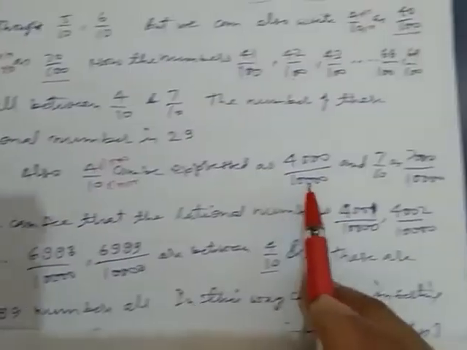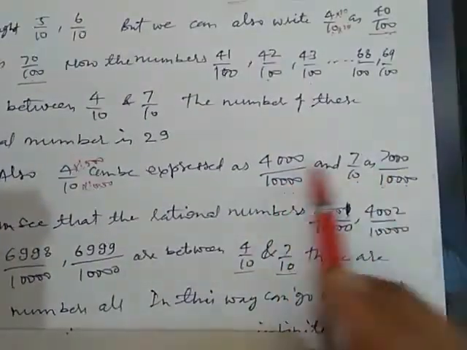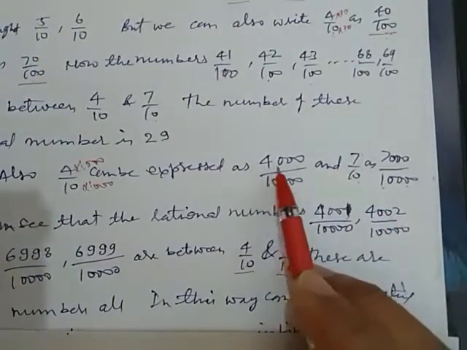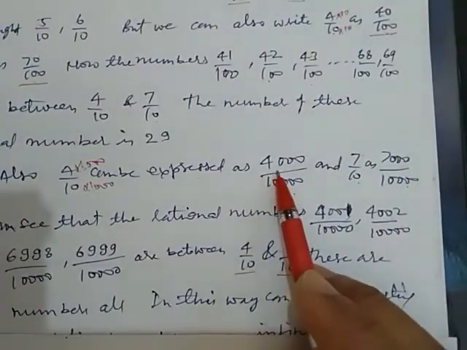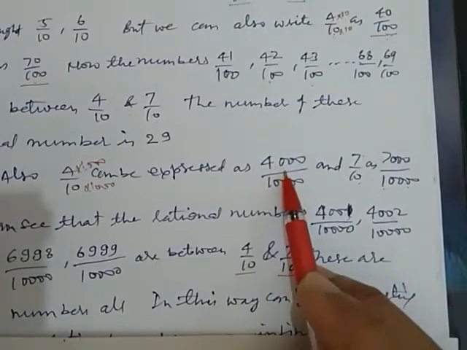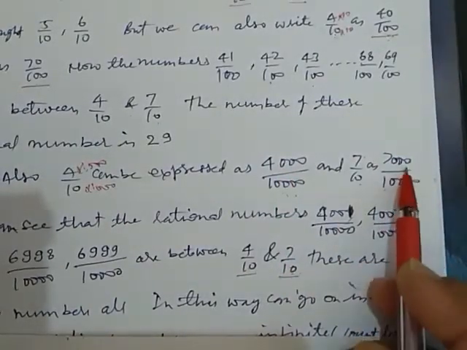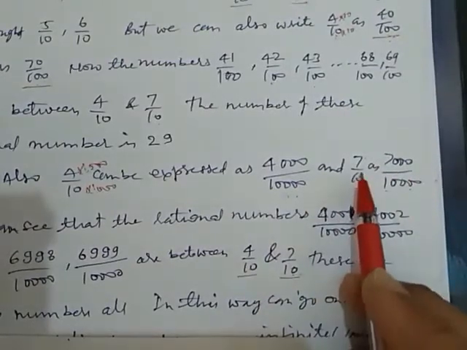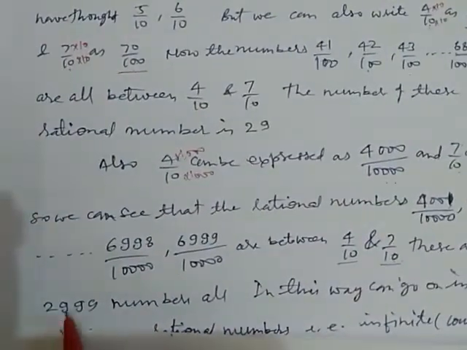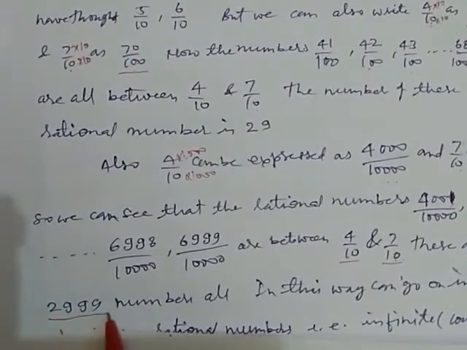If we count the numbers, the difference between 7,000 and 4,000 is 3,000. But the last one is 7,000 itself, so the total number in between them is one less, that is 2,999 numbers.